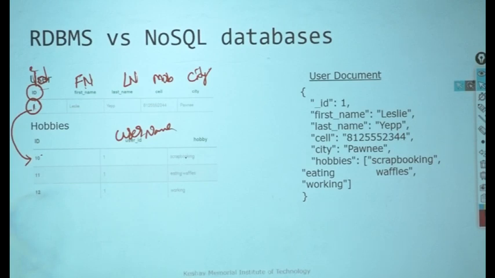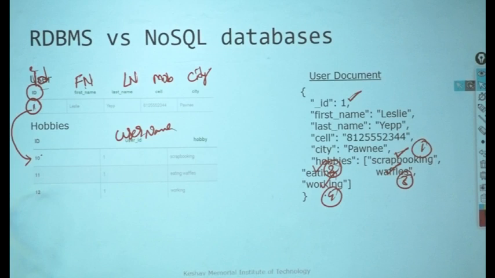Whereas in the other user document like this, you see the ID, first name, last name, mobile number, city. You see the hobbies over here, 1, 2, 3, 4. More than one I can hold in the format of an array, which is not possible in our structured one. I need to create an ID for scrapbook, an ID for eating, an ID for waffles, and working is a hobby here, another ID for working.